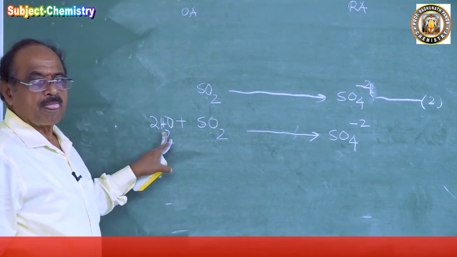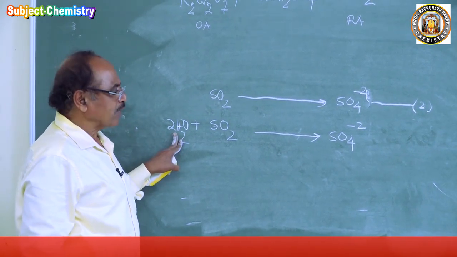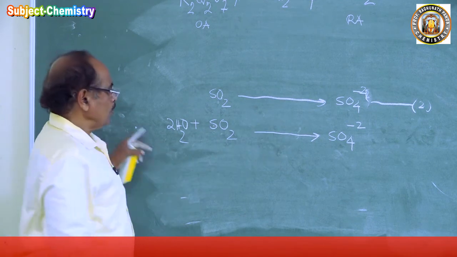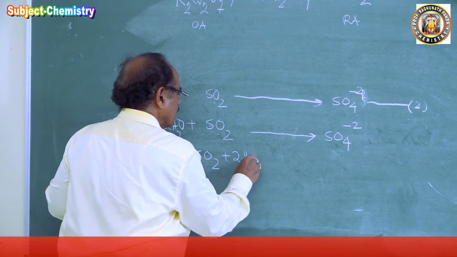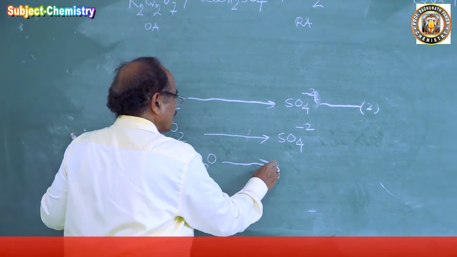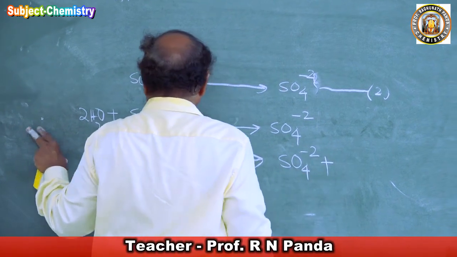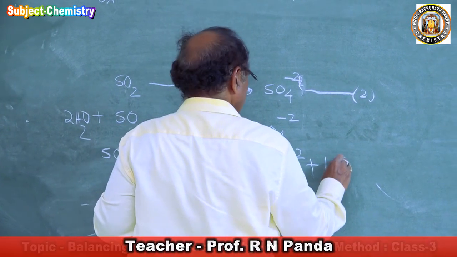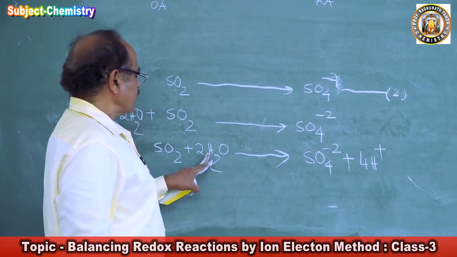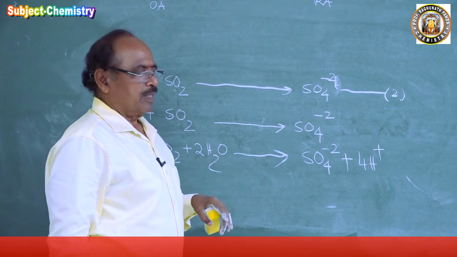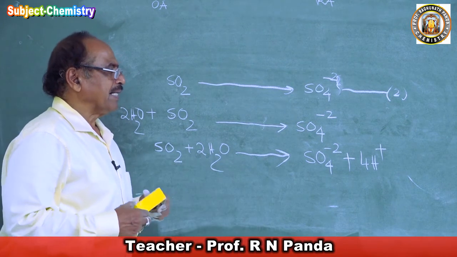Balance the hydrogen atoms by adding hydrogen ions on the other side. So we have SO2 plus 2H2O gives sulfate 2- plus 4H+. This side had 4 hydrogen atoms, so we add 4H+. Third step, balance the charges by adding electrons.